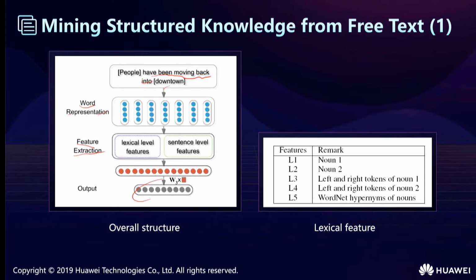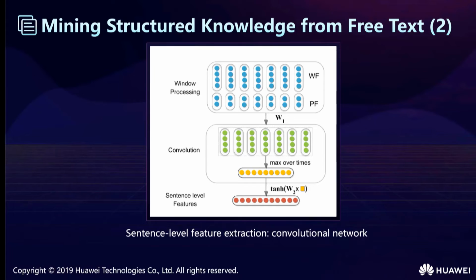This is an overview of the structure, and for details on how it works in convolutional neural networks: first we use window processing and then we add our weights. In convolutional networks we take max over time, and then apply activation functions to get the sentence-level features.